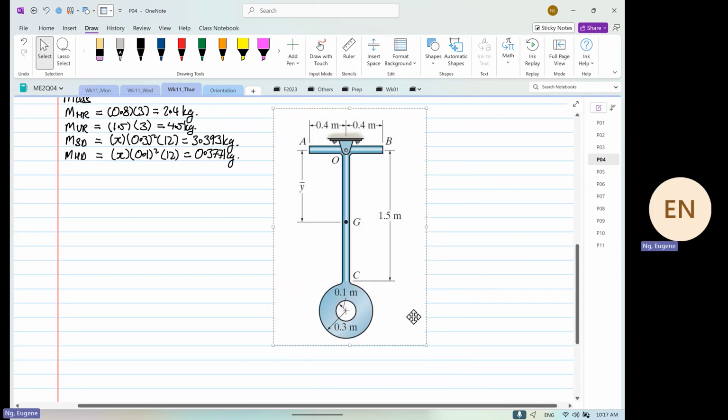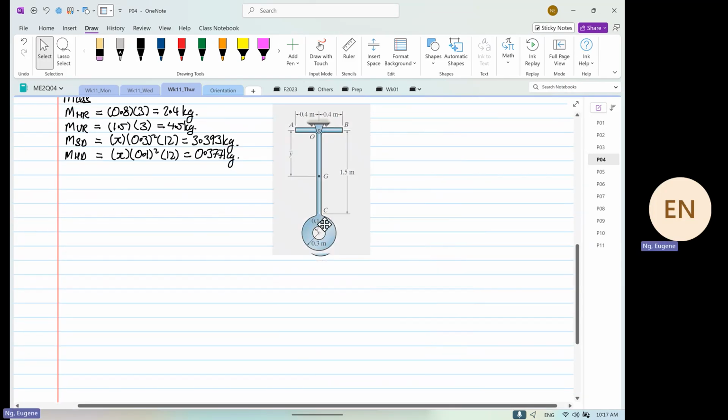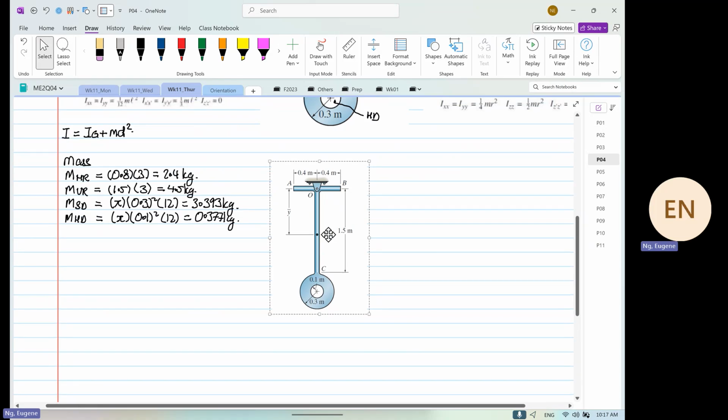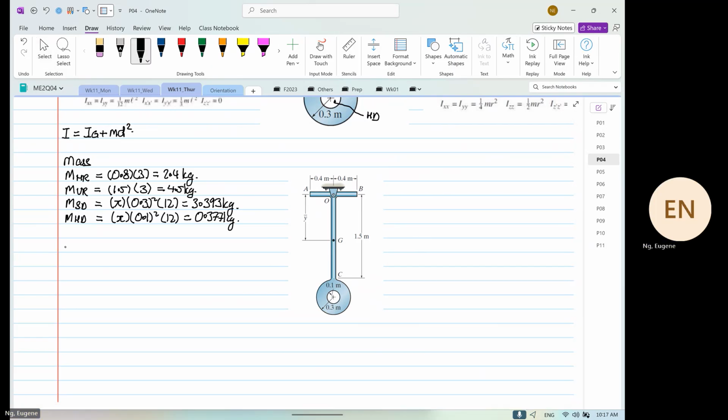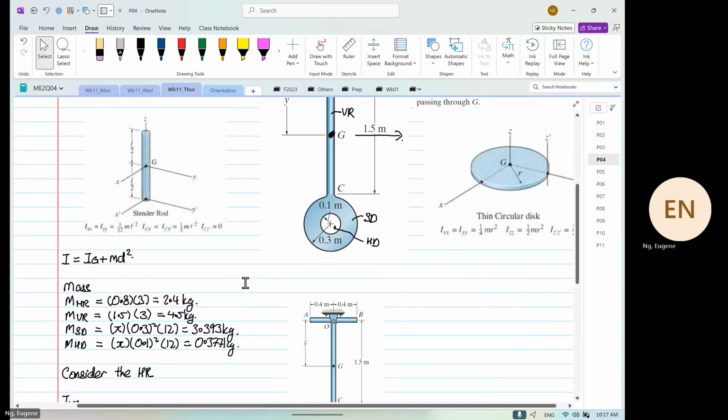I will have this diagram here so we can refer to it easily. The first thing we're going to do is consider the what? The horizontal rod. So I for the horizontal rod, let me get this formula.